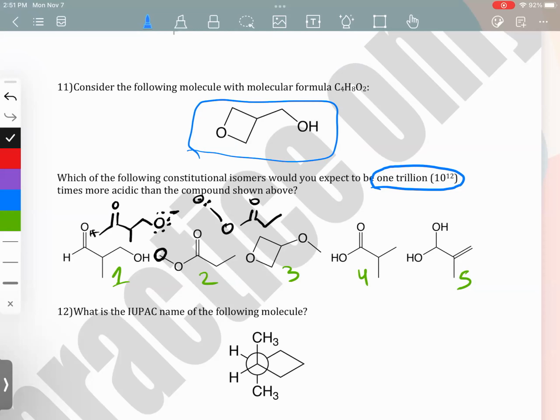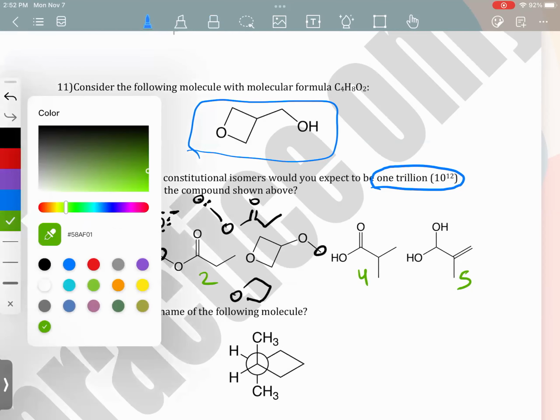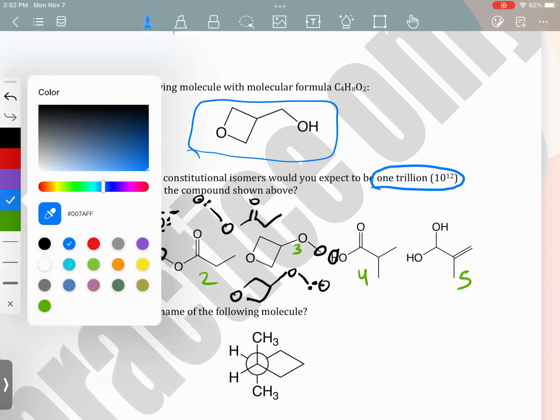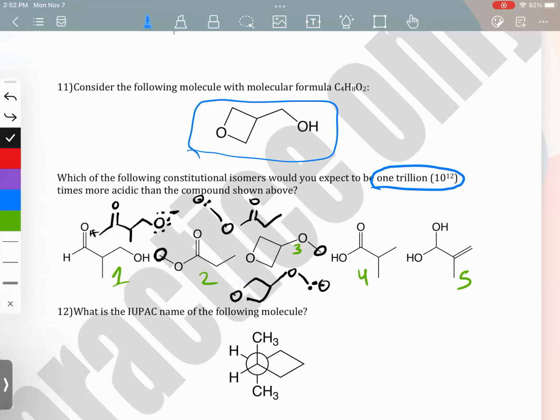In 3, we can do the same thing. Hydrogen can come from this one. So let's draw that out. Carbon, negative charge. All right. Or this proton from the oxygen can be given. So if we draw the conjugate base, I'm going to draw it kind of further down.